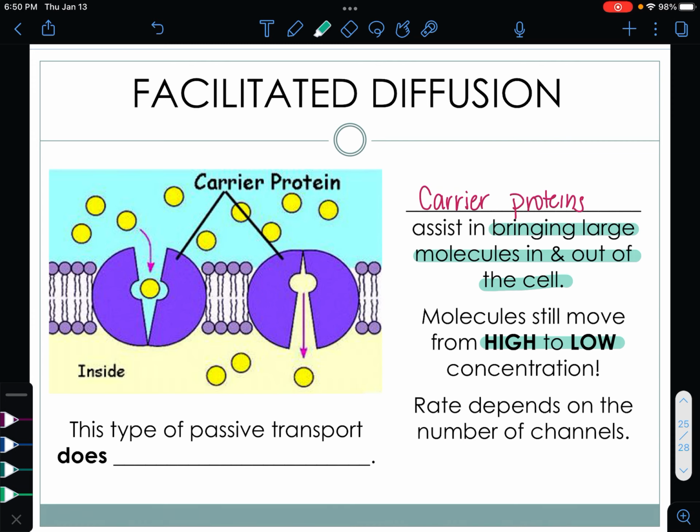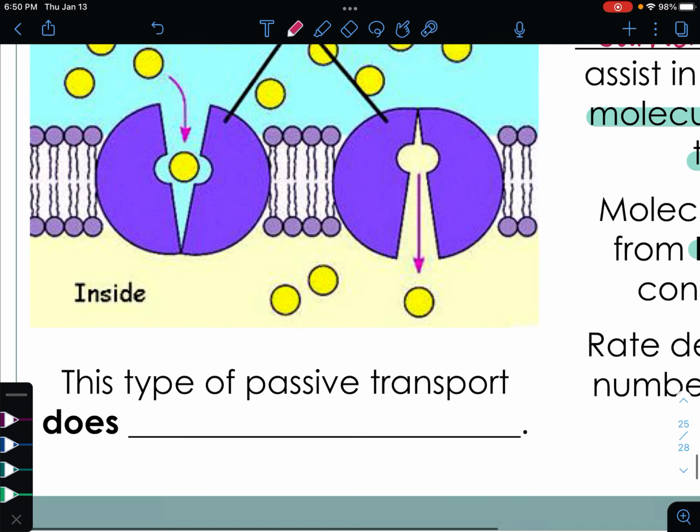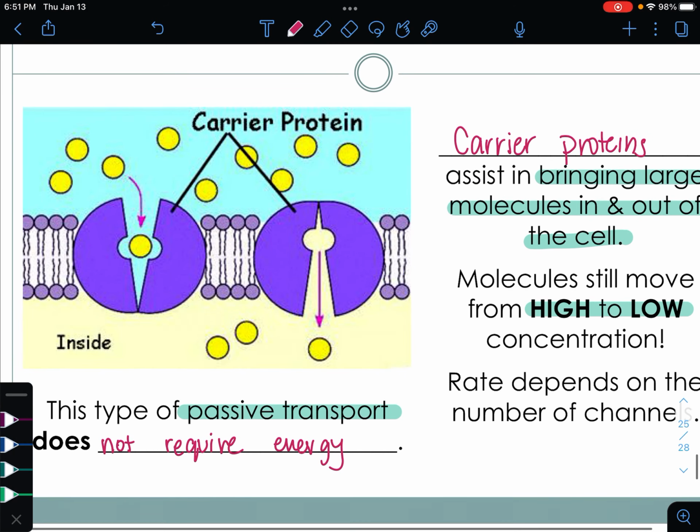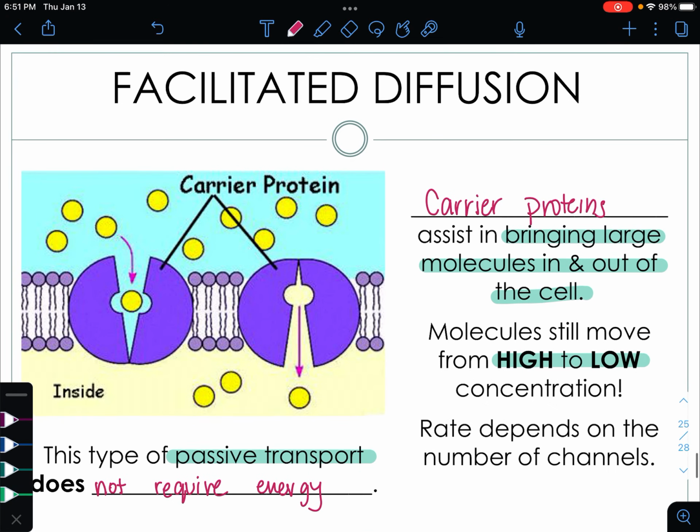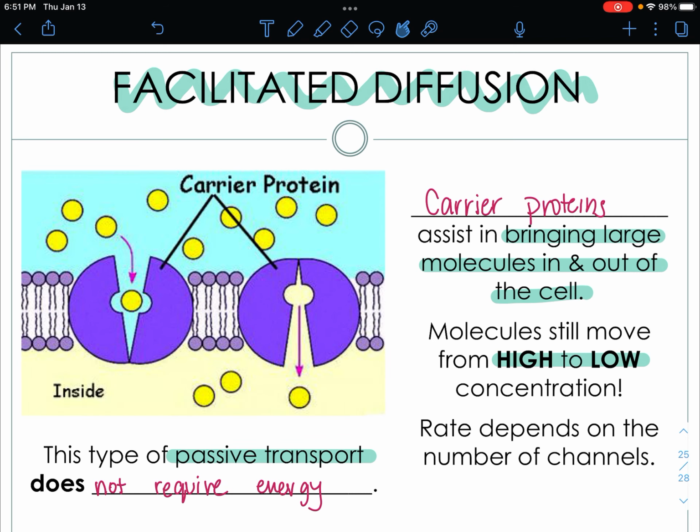And since we're still moving from high to low, it also doesn't require energy. So we're still looking at a form of passive transport because it does not require energy. Okay, so facilitated diffusion uses carrier proteins, molecules still moving from high to low, passive transport.